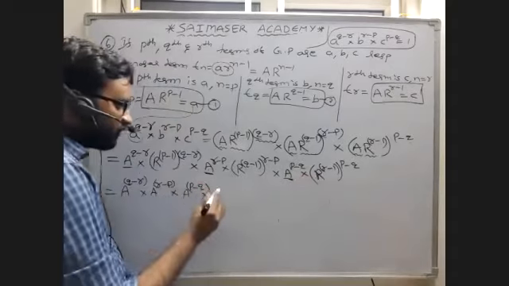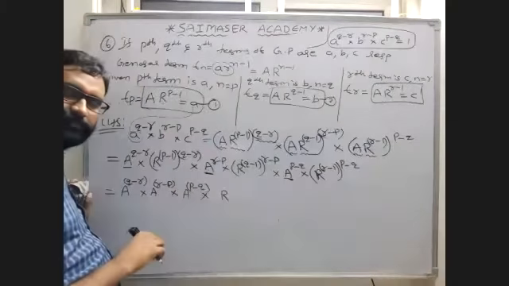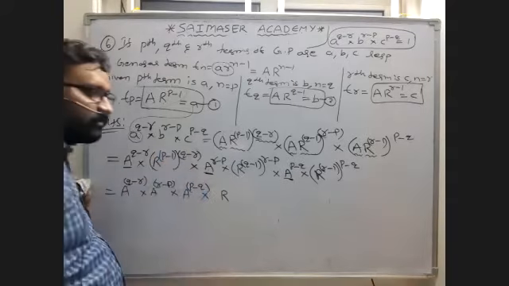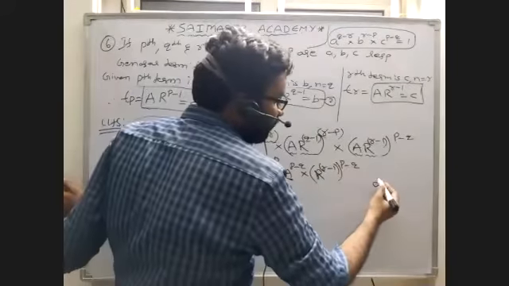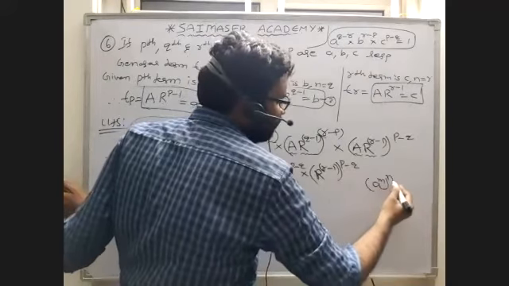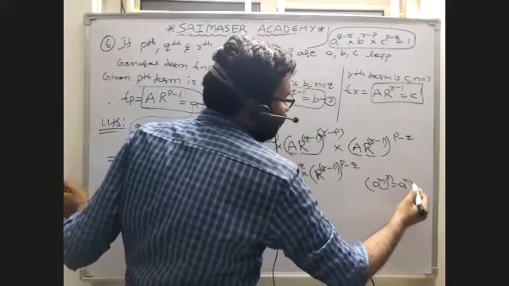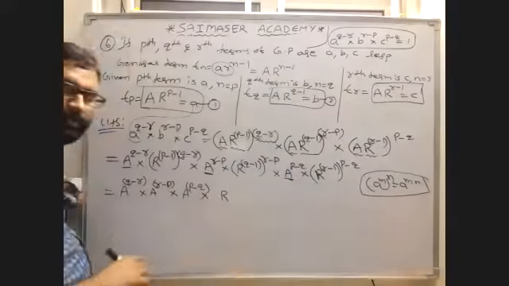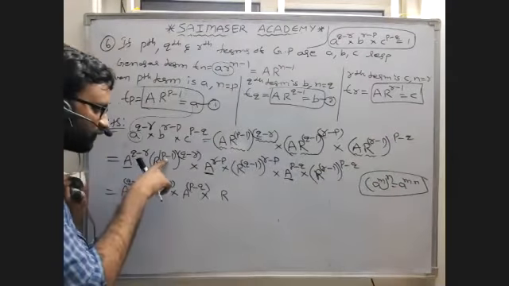I'm writing r power something and whole power something. We have the formula (a power m) whole power n is a power m into n. We have to multiply both powers. Here also we have to multiply this and this.